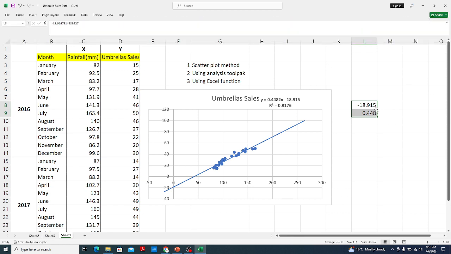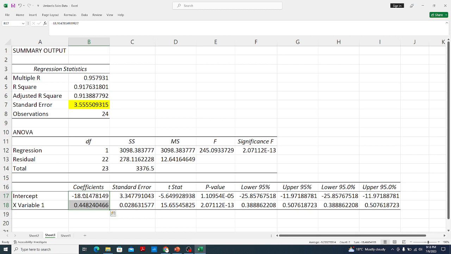This value is our y-intercept, and this value is the coefficient of x. So the coefficient of x and the y-intercept are the same.